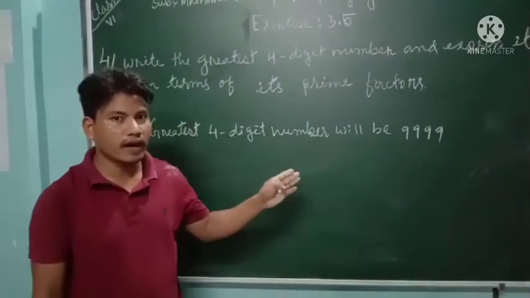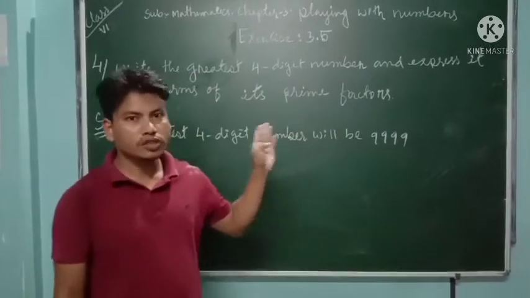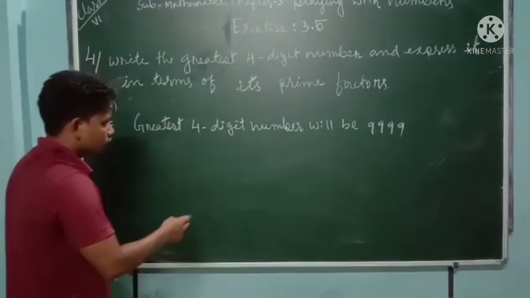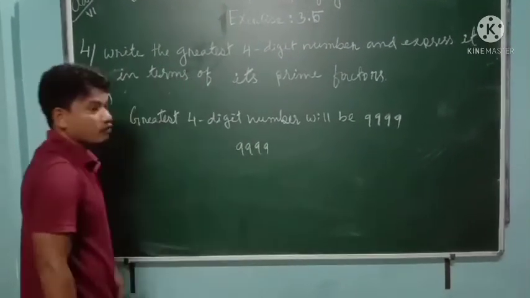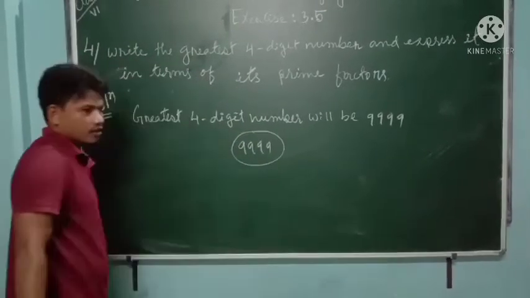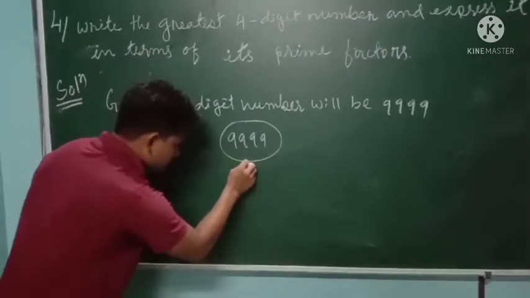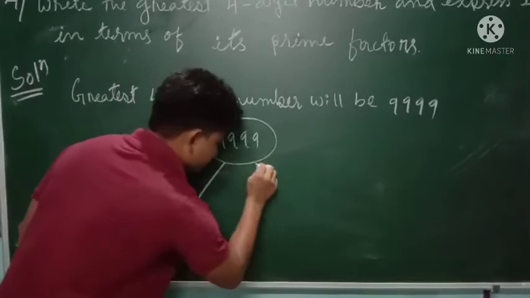We are going to find these prime factors by using the factor tree method. First of all, you have to write this 9999 and make one circle. And this 9999 we can divide.